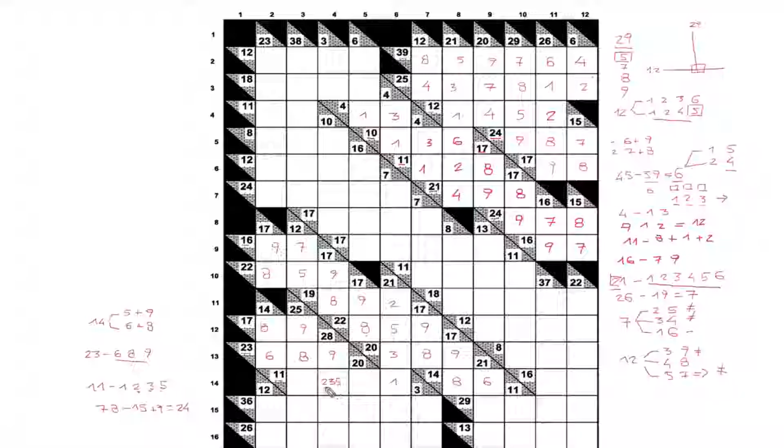And 24 plus 2 is 26, or 24 plus 3 is 27, which is not enough. Which leads to the situation that here will be number 5.